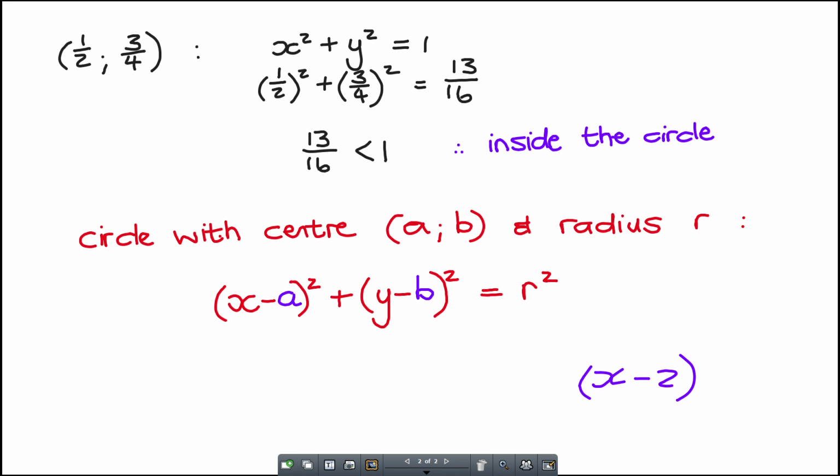Nou kom ons gaan kyk gou. I want to go through the right hand side of that page where we've got examples to work through. By die eerste enetjie sê hulle vir jou. Vind die vergelijking van die cirkel met middelpunt 4 en minus 3.